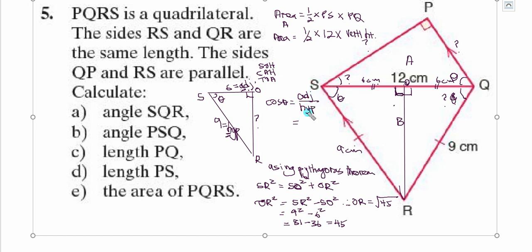In this case, adjacent is equal to 6, hypotenuse is equal to 9. Simplified, it becomes 2 over 3. Therefore, the angle theta, which is equal to angle SQR, becomes arc cosine of 2 over 3.